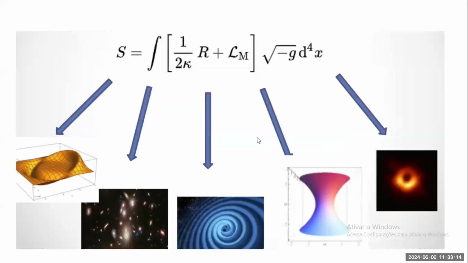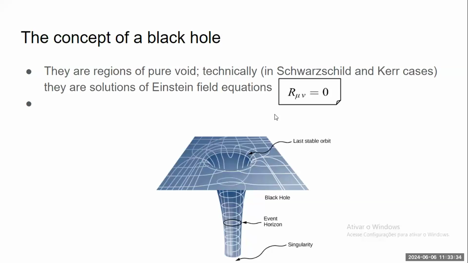Okay, gravity and classical gravitation is a vast study, as we know. We have wormholes, warp drives, the whole of cosmology, gravitational waves, and of course black holes. The concept of a black hole is quite simple.